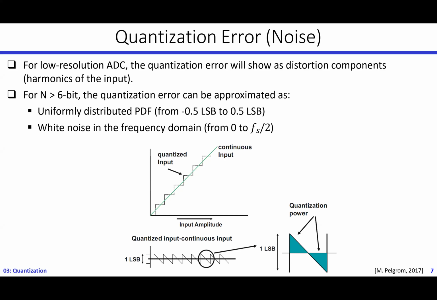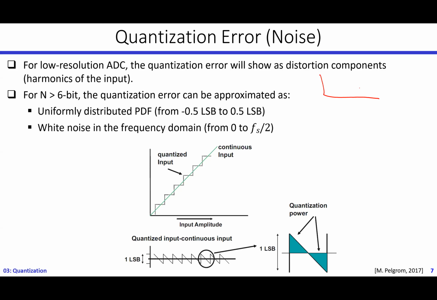In low resolution ADCs, meaning less than 6 bits, this quantization error usually appears as a distortion component. Why? Because the quantization error is more a function of the input signal. So it depends on the shape or type of your input signal, and therefore it is going to appear in your output spectrum as a distortion, which is basically another harmonic.